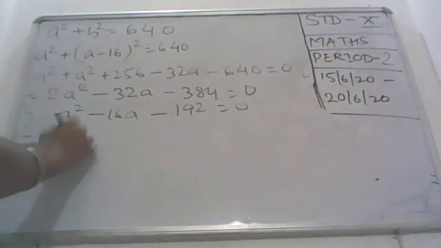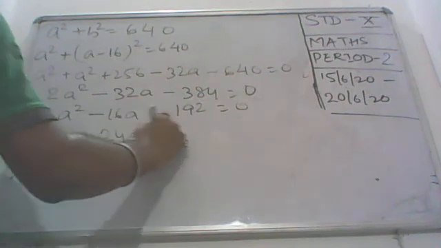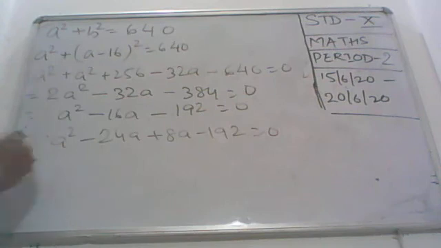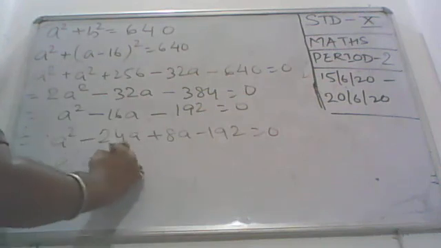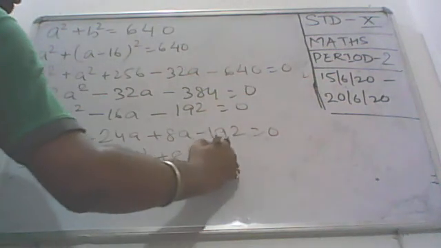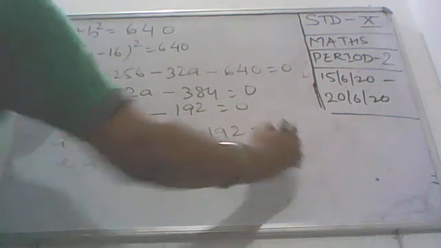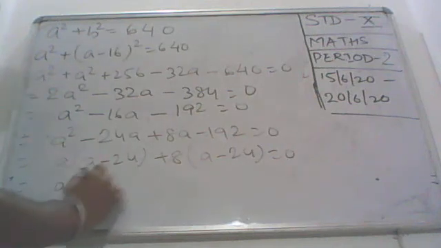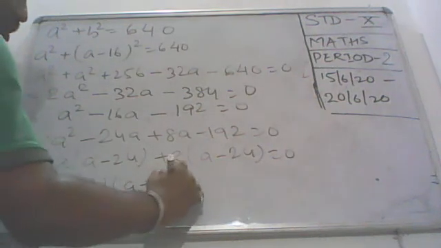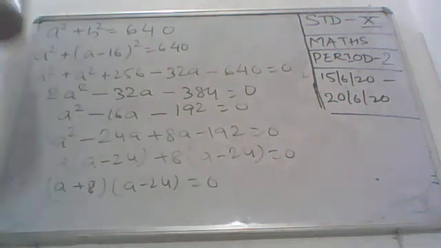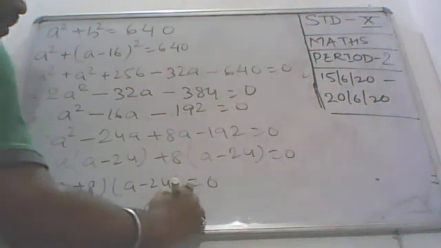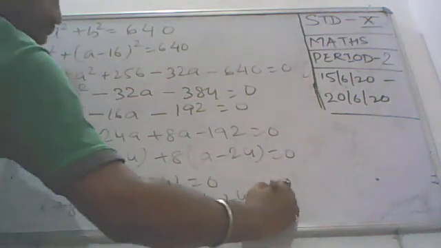So it is a square minus 24a plus 8a minus 192 is equal to 0. Here a is common, a minus 24, and 8 is common, a minus 24 is equal to 0. So we can write a plus 8 into a minus 24 is equal to 0. So a plus 8 is equal to 0 and a minus 24 is equal to 0.